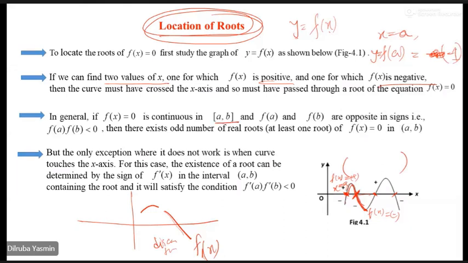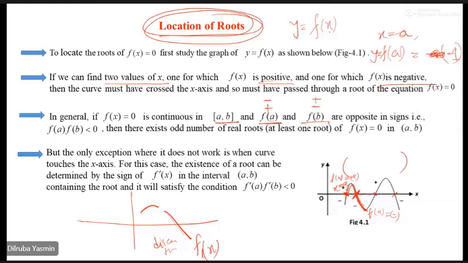but you have to remember the function should be continuous in the interval that is considered, a comma b. Suppose you get f of a negative, and f of b positive. That means f of a and f of b have opposite signs.